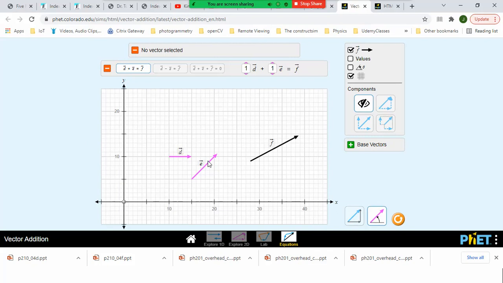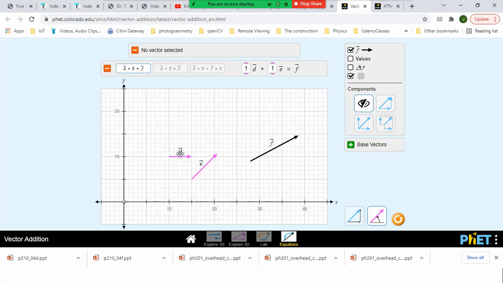Speed is just how fast you're going. Okay, not talking about any direction or anything. It's just speed. Now, velocity is your speed, but in which direction you're going. And a value with the direction is a vector. A value without a direction is a scalar.